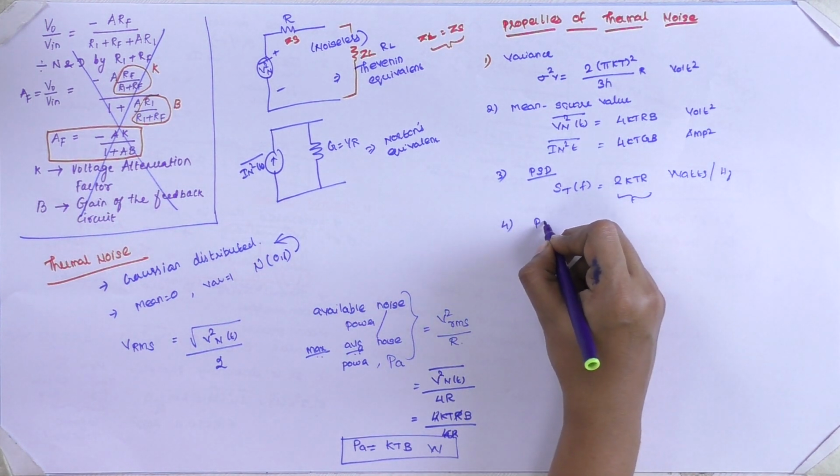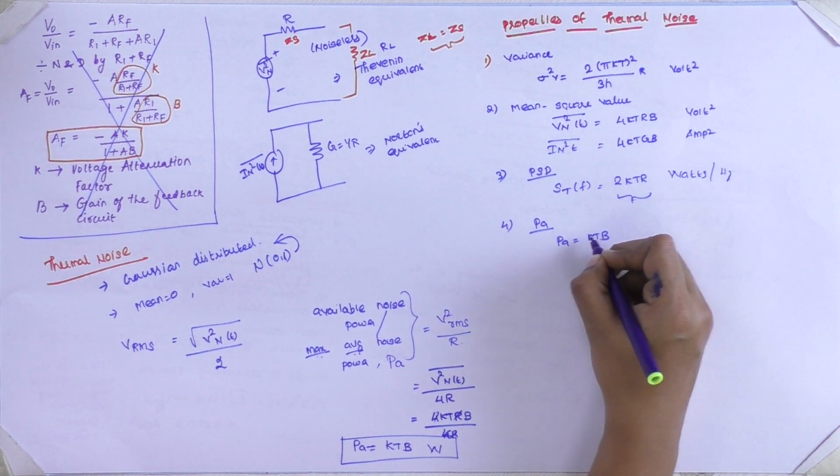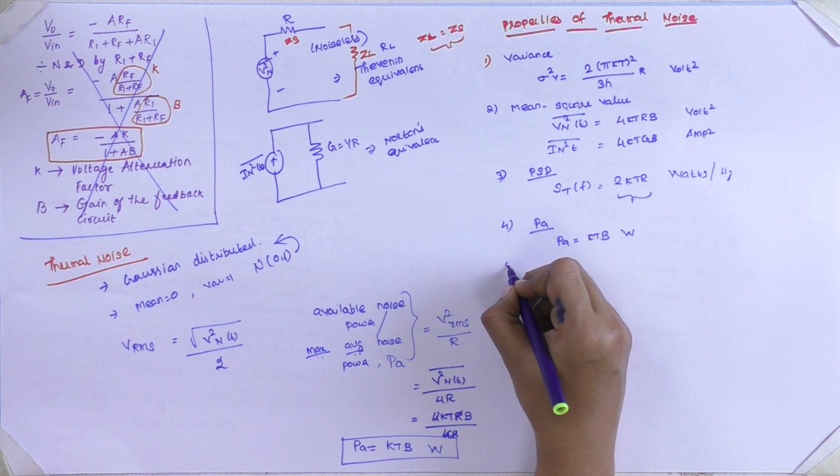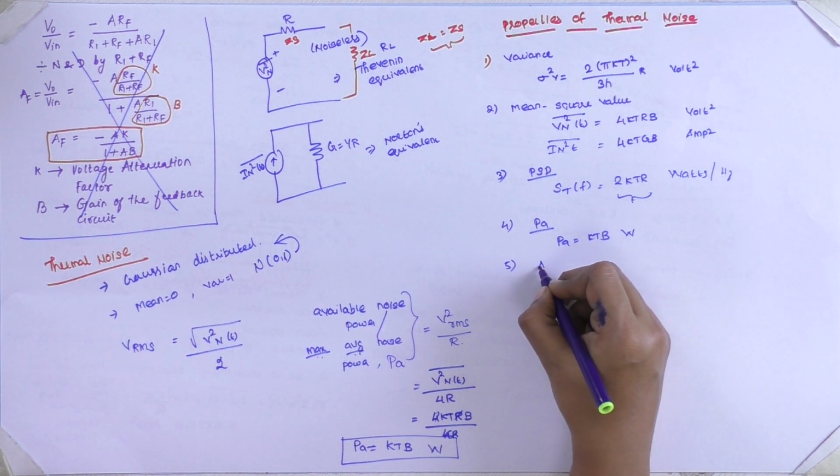Available noise power PA is equal to KTB watts, and the fifth one is available noise power spectral density.